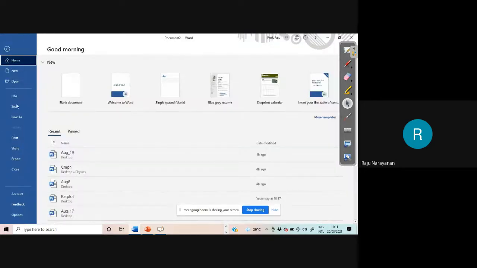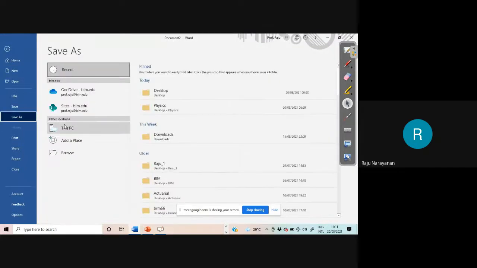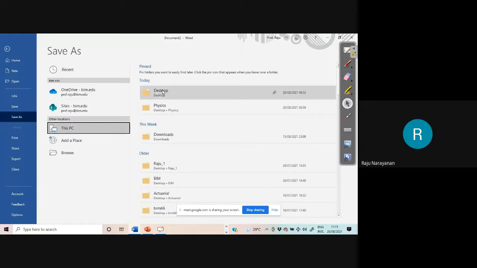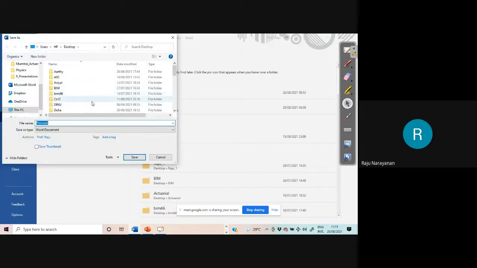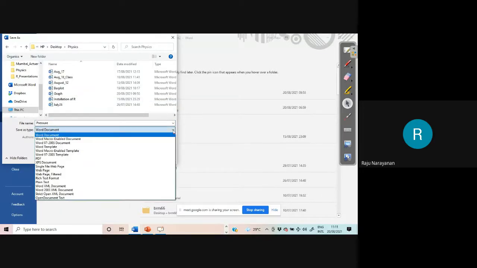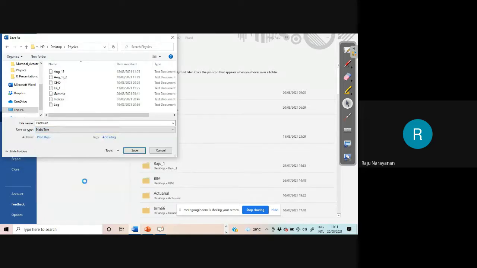File, save as. I am keeping it on the desktop, and I have created a folder, physics. Save as plain text. Let the name be pressure.